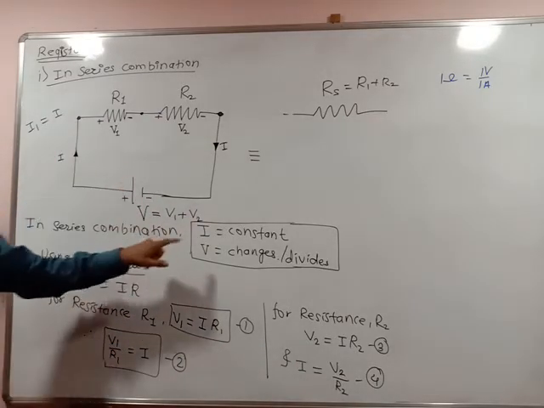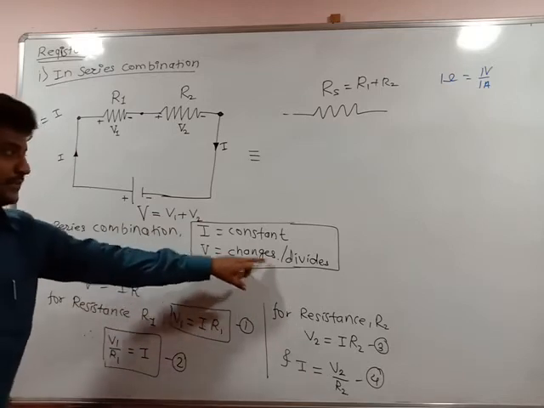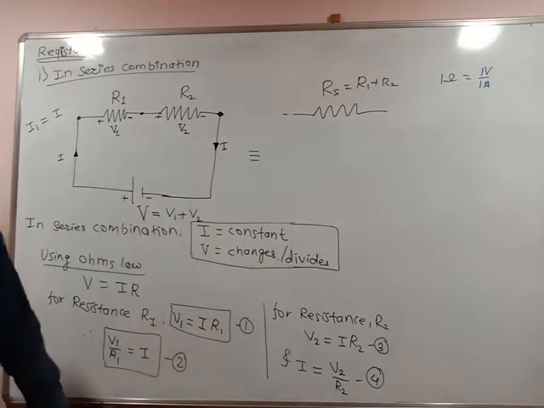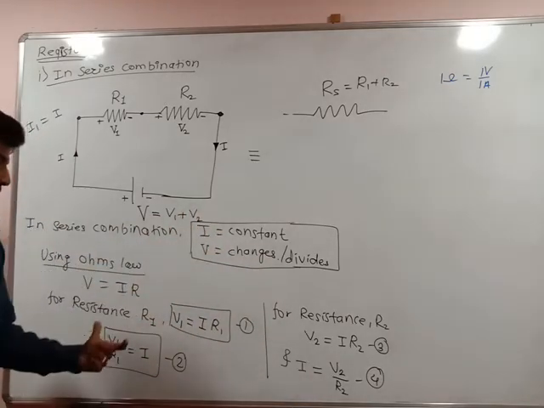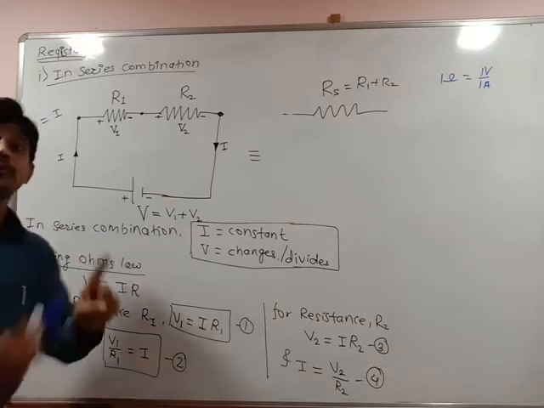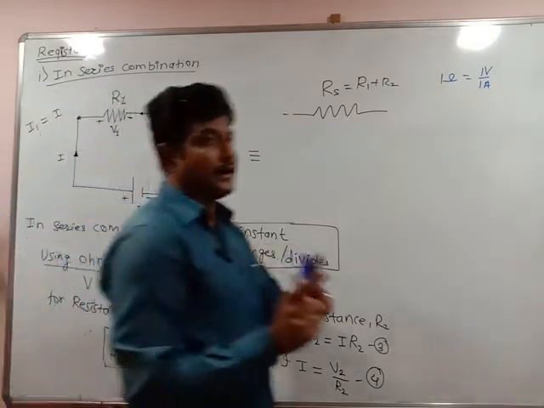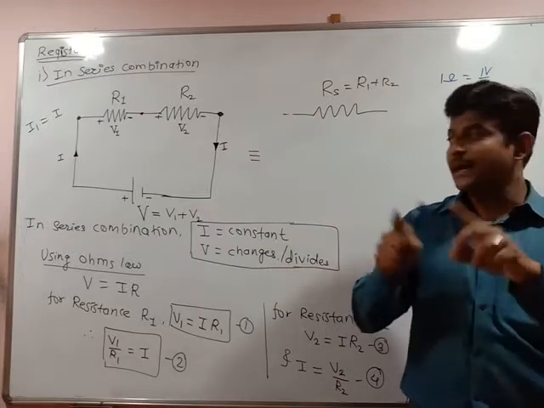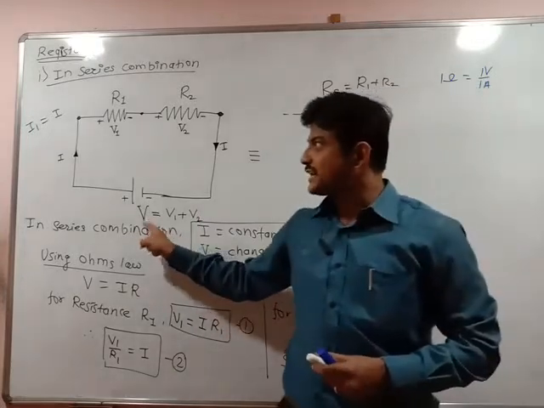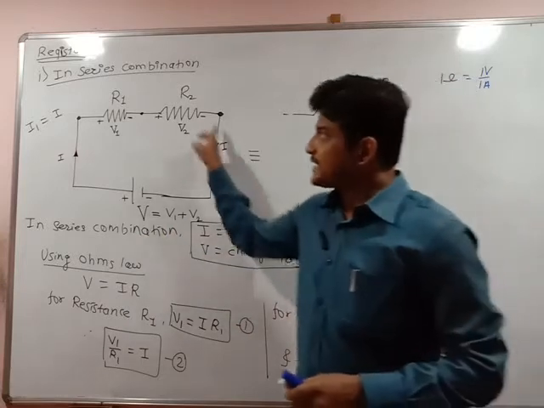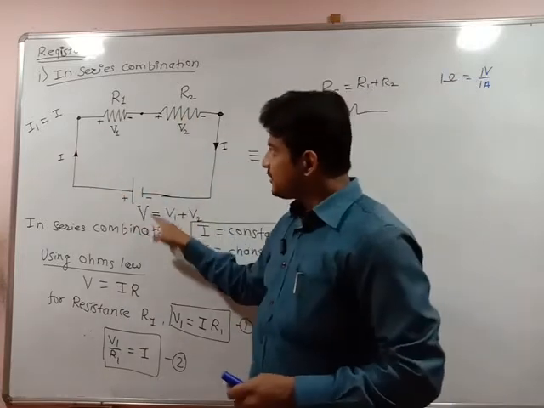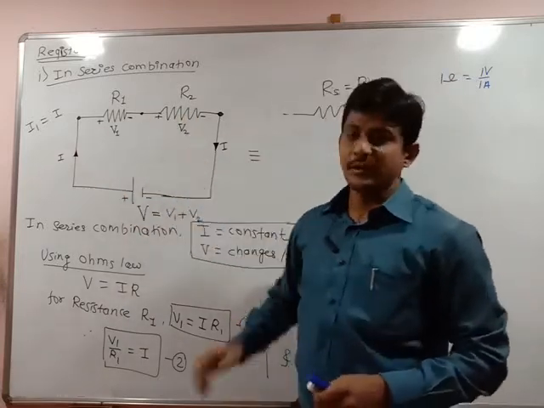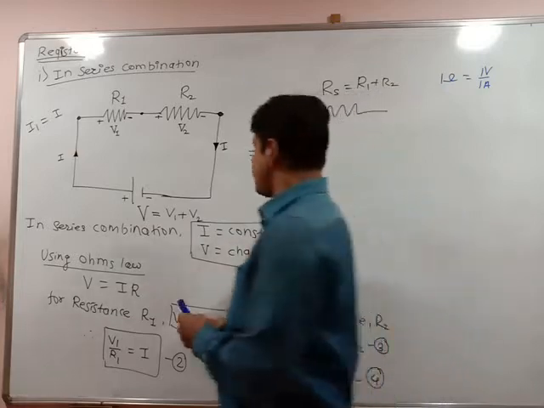In series combination, voltage always divides and current is always constant. So we are going to add two voltages to get the one voltage. See what I said: voltages got divided and now we have to combine them. That gives the total voltage across the circuit. Total voltage across the circuit will be V is equal to V1 plus V2 for series combination.